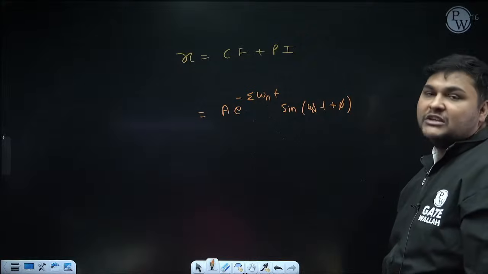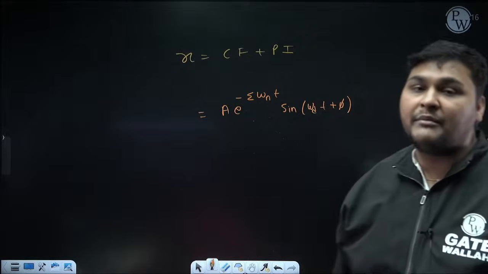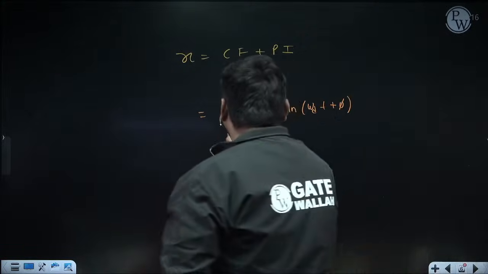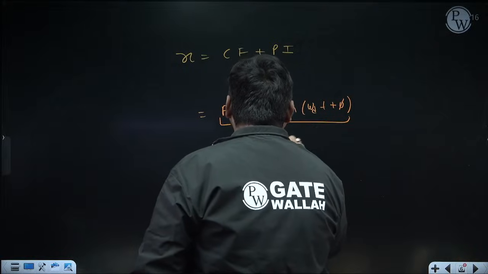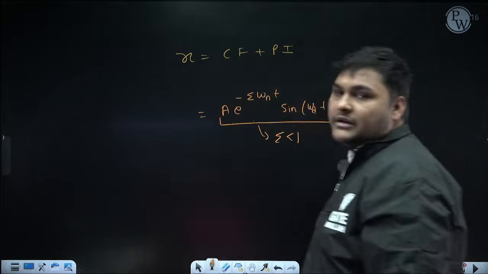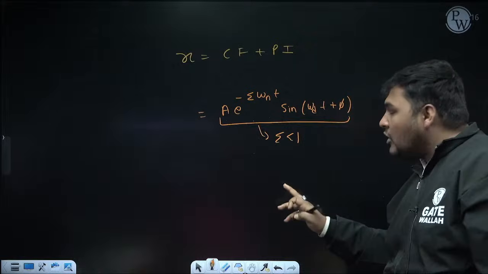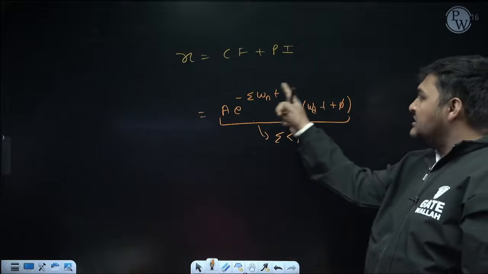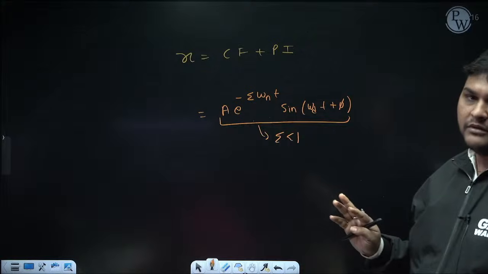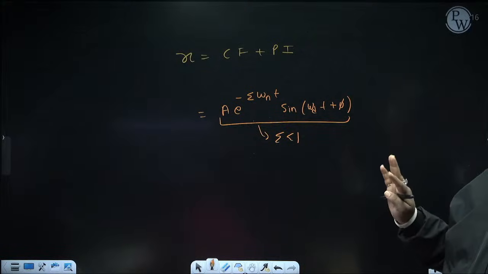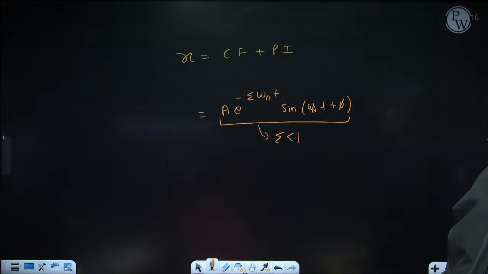Omega d is the frequency whose formula is omega n root over 1 minus zeta square. But this expression is valid in the CF part when zeta is less than 1. If zeta equals 1 or is greater than 1, no periodic term will come. You need not remember those derivations, but no periodic term will come.